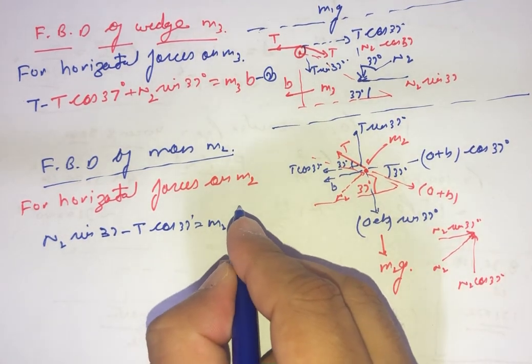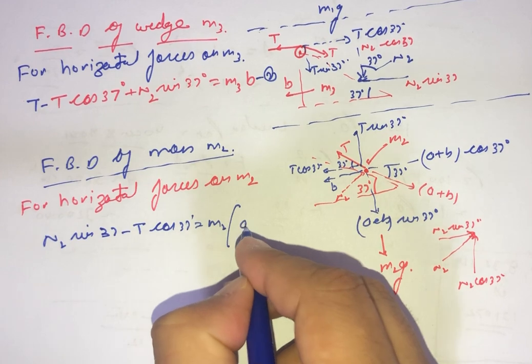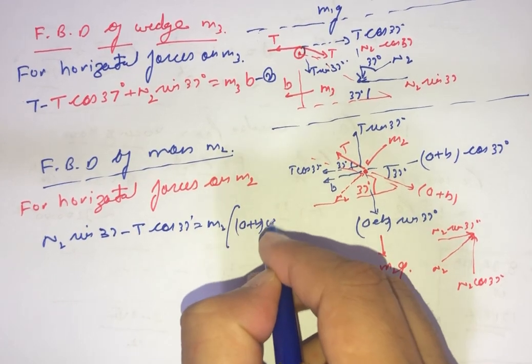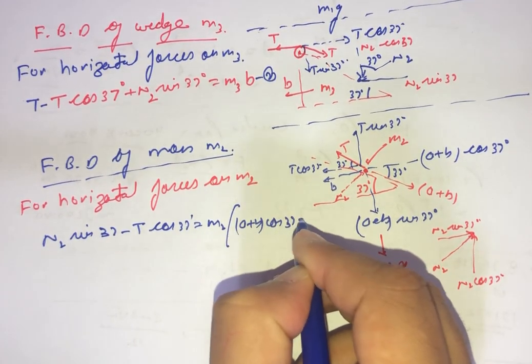Okay, so we can write this as M2 into a plus b cos of 37 minus b.